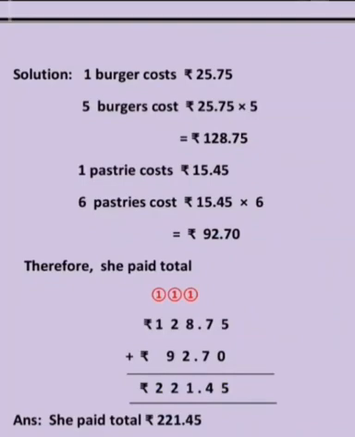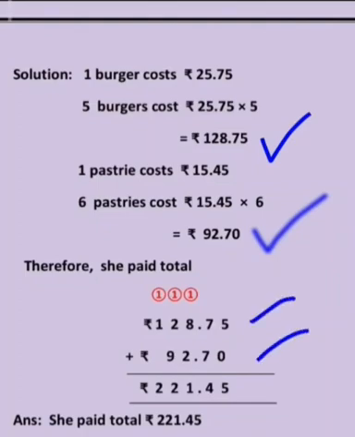Let's see what I wrote on the worksheet. Yes, rupees 92.70. So here we already got the cost of 5 burgers and the cost of 6 pastries. Now our next task is to find out how much total amount she has to pay. That means we have to add these two amounts.